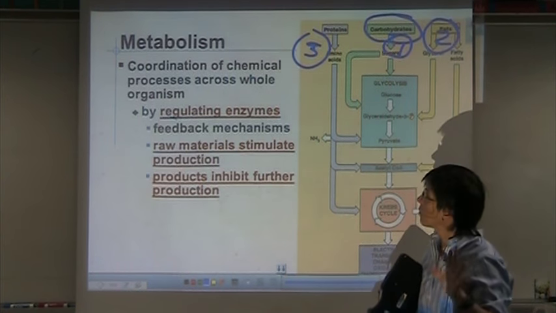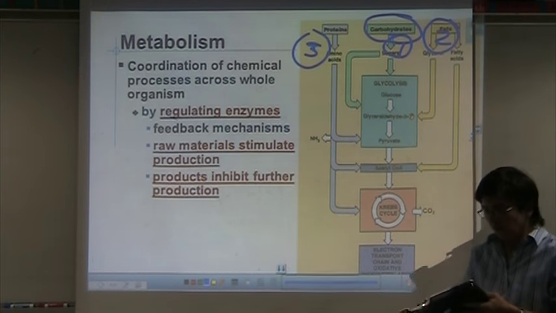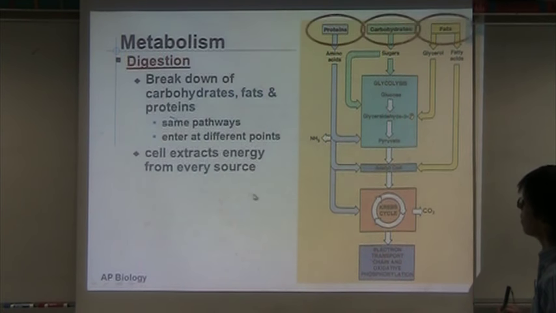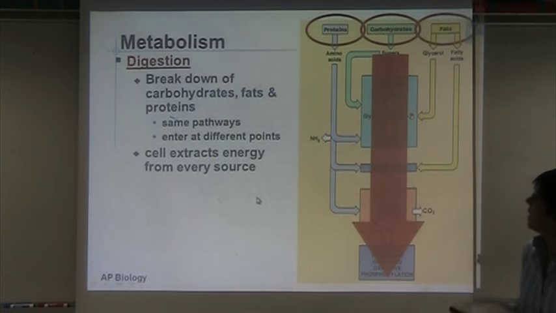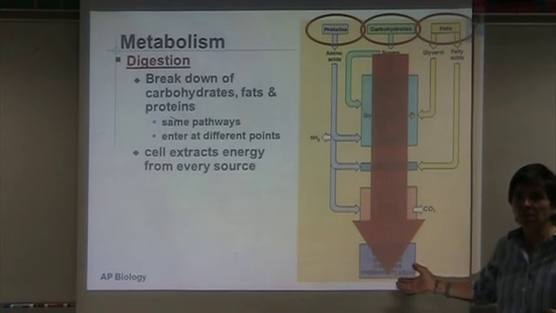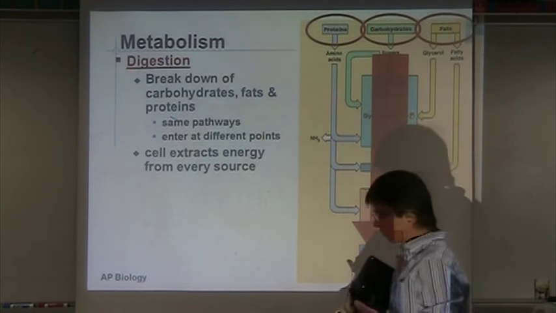So your body proteins come in third place. All right? So I hope that this helps you understand how your body works, how anything that we eat basically feeds into the electron transport chain one way or another, and is all used.